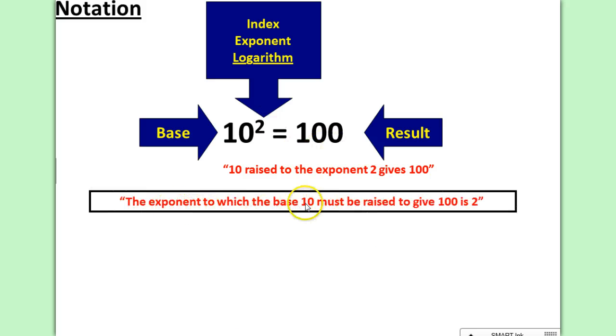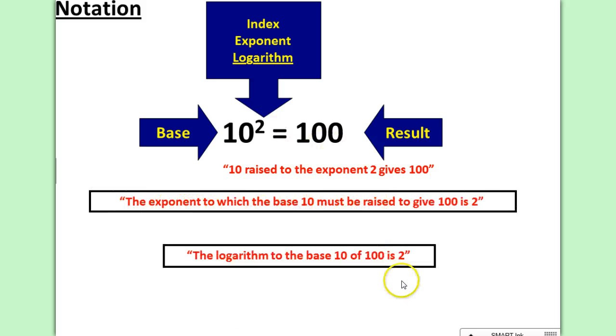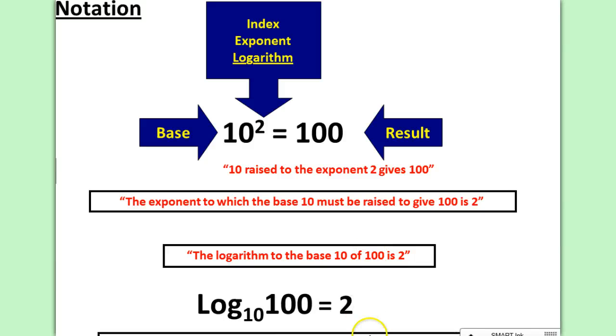The exponent to which 10 must be raised to give 100 is 2. The other way of saying it is the logarithm to the base 10 of 100 is 2. Logs are exponents. The exponent that you put to a base of 10 to give you 100 is 2, okay? That's why the log of 100 base 10 is 2.